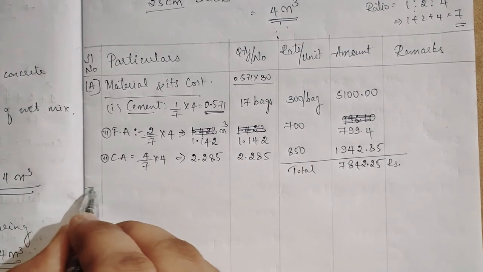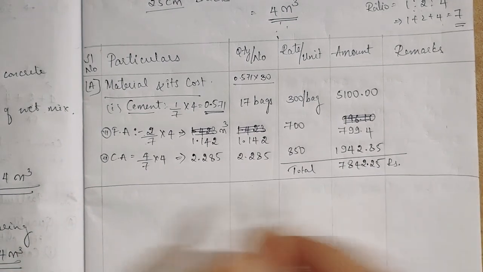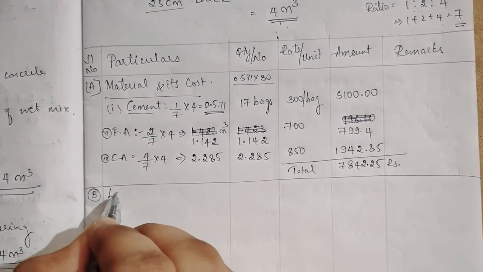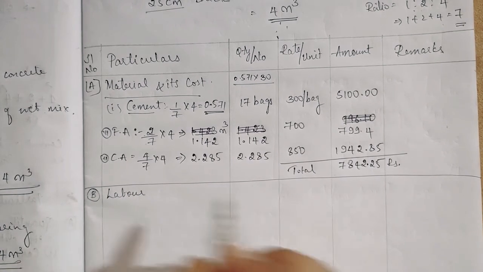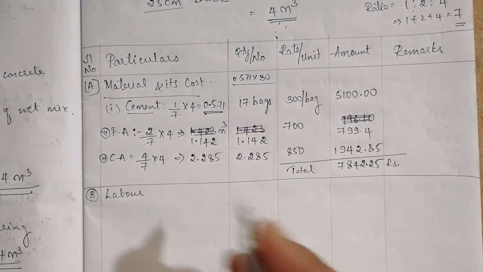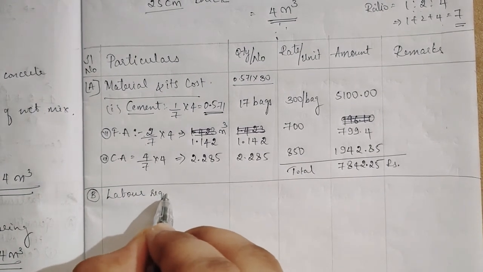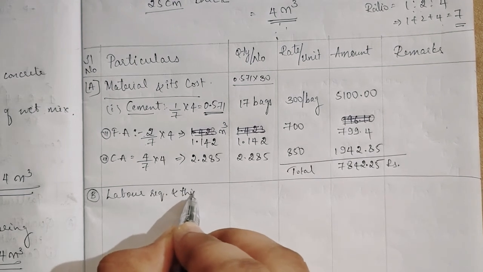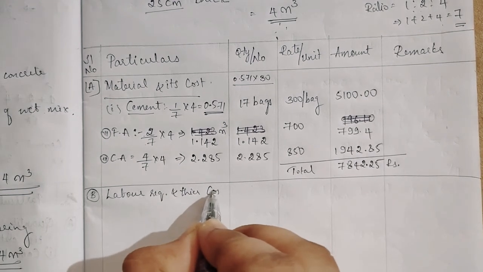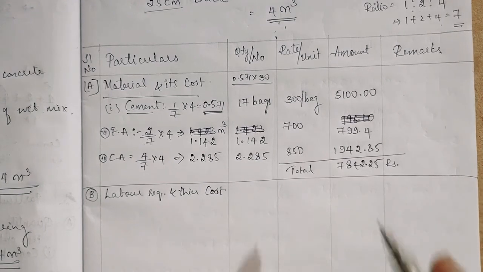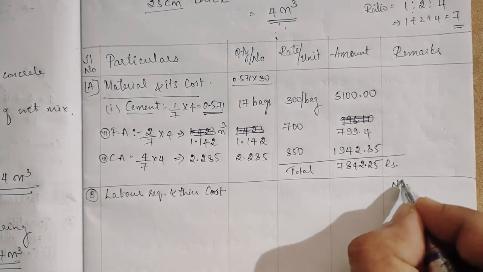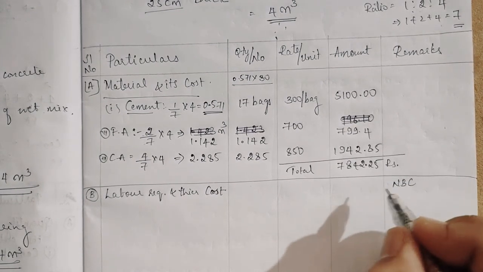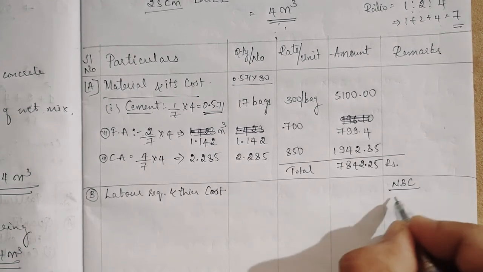So next one will be labor. Labor requirement and their wages or cost. According to the NBC of India, we have to write. I'll directly write now.